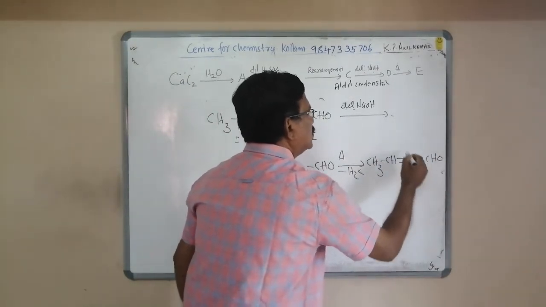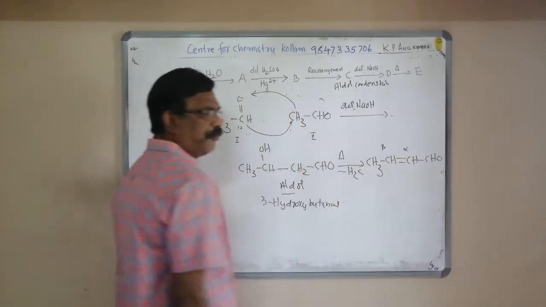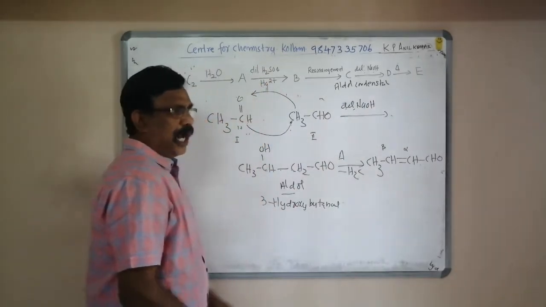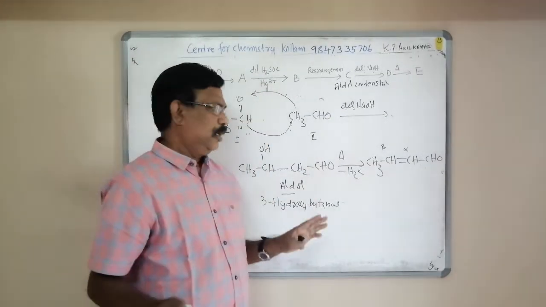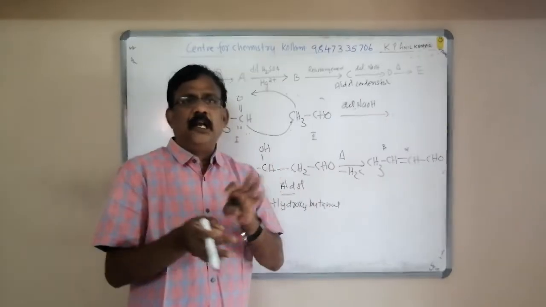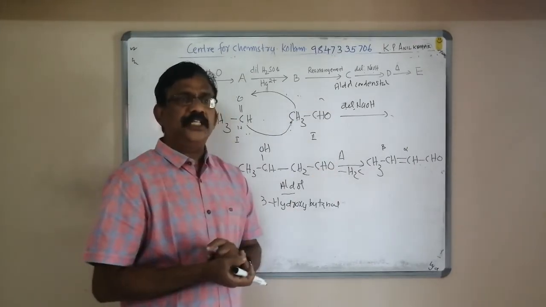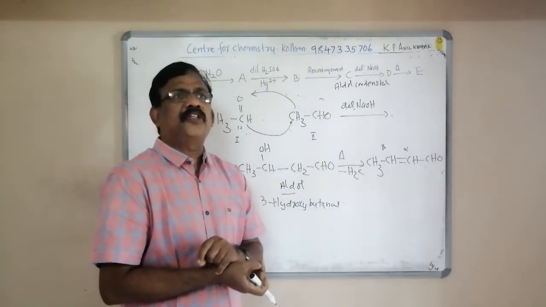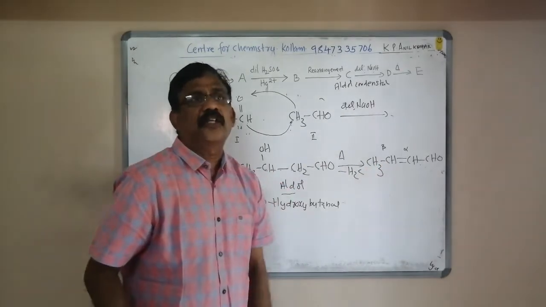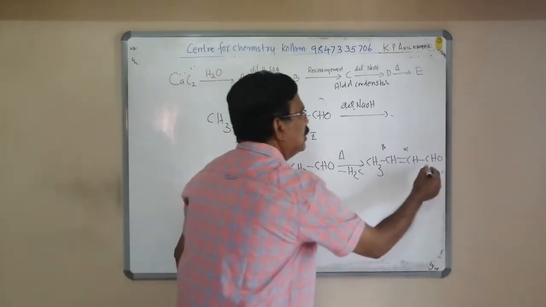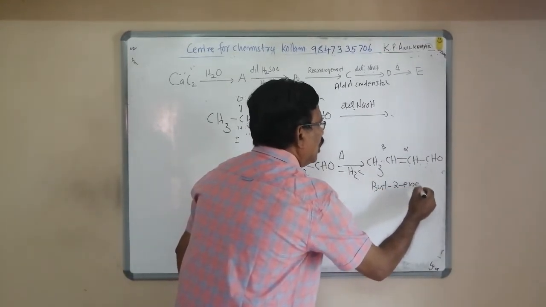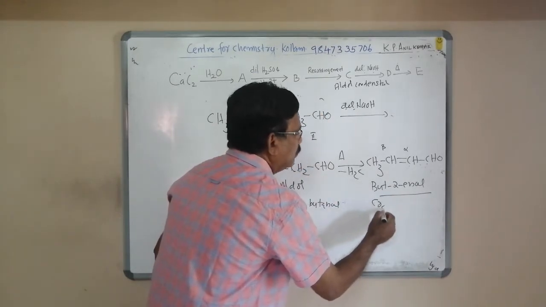This is alpha and this is beta, and the alpha-beta unsaturated aldehyde is the final product, capital E. All aldols on warming lose a molecule of water and change into alpha-beta unsaturated aldehydes or ketones. Here it is an aldehyde, so it is but-2-enal, common name crotonaldehyde.